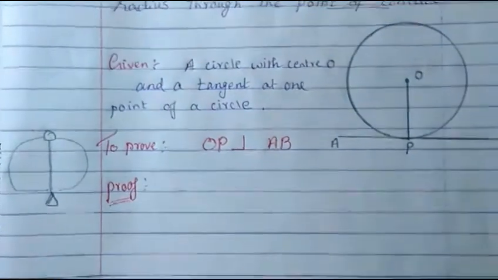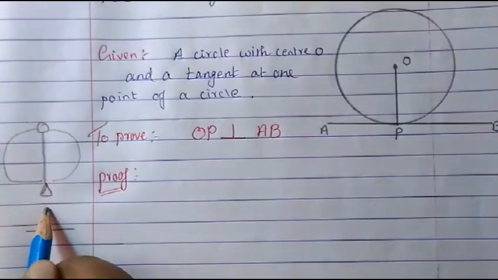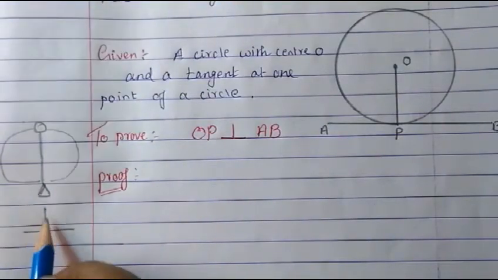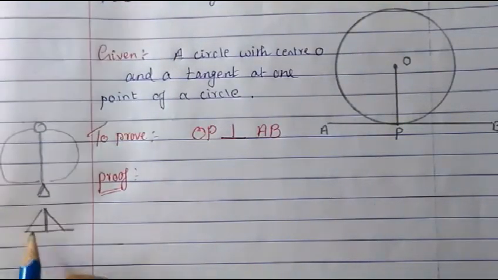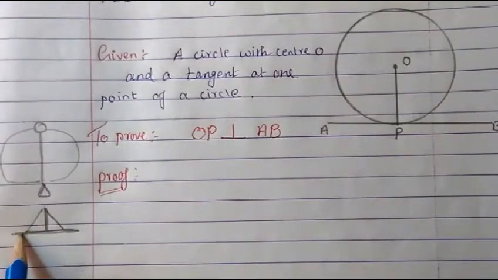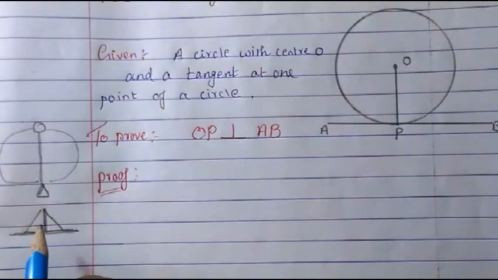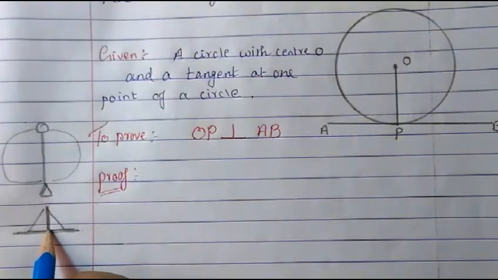In geometry, you can take any point on a line, but the shortest distance from the point will be the perpendicular one.